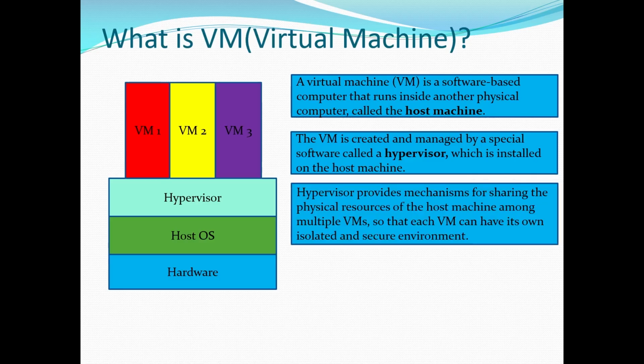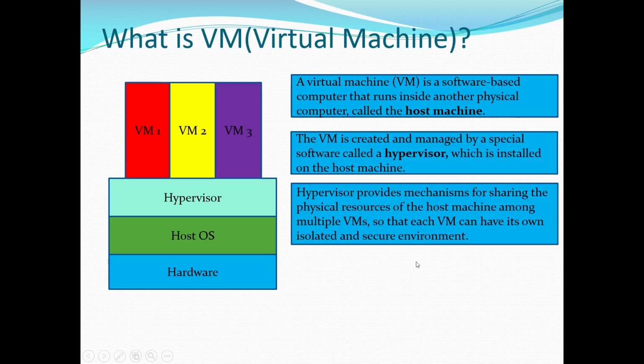The hypervisor provides mechanisms for sharing the physical resources of the host machine among multiple VMs, so that each virtual machine can have its own isolated and secure environment. Here you can see all three virtual machines will have their own independent secure environments, and they will be using the resources of our host system only. I hope this is clear now.